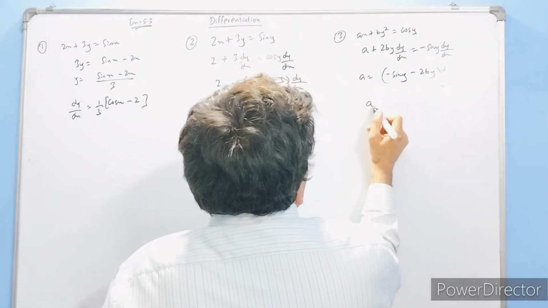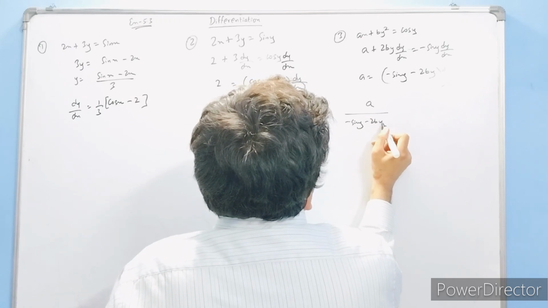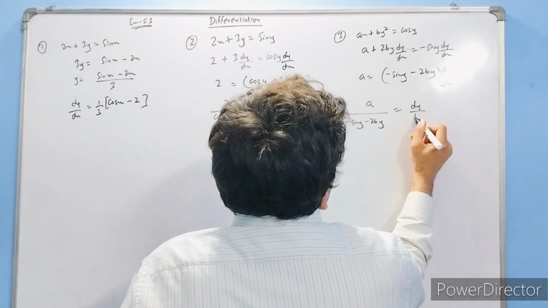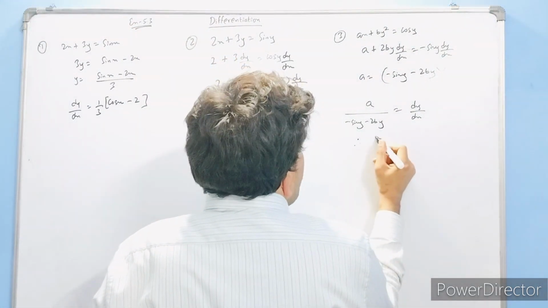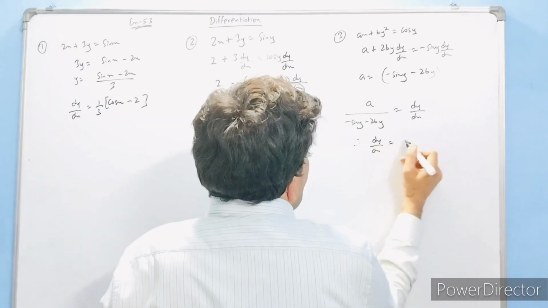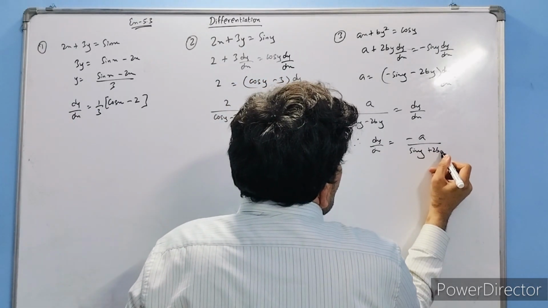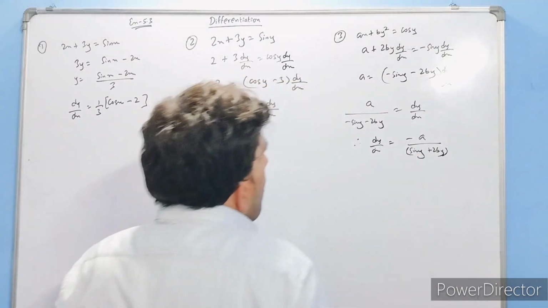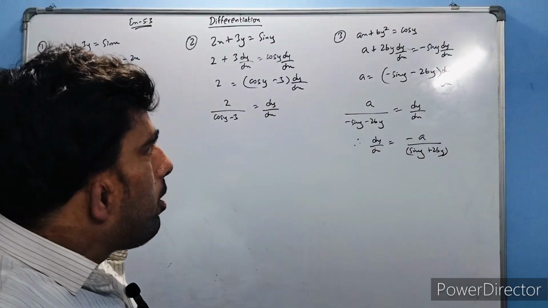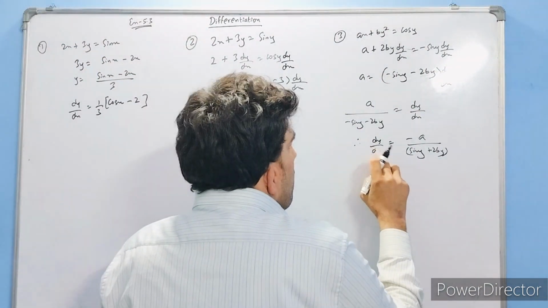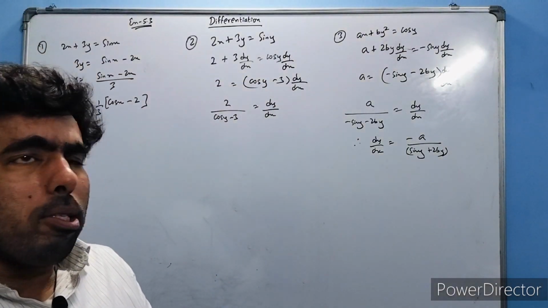So a upon (minus sin y minus 2by) is equal to dy upon dx. In a simple way, therefore, dy upon dx is equal to minus a upon (sin y plus 2by).